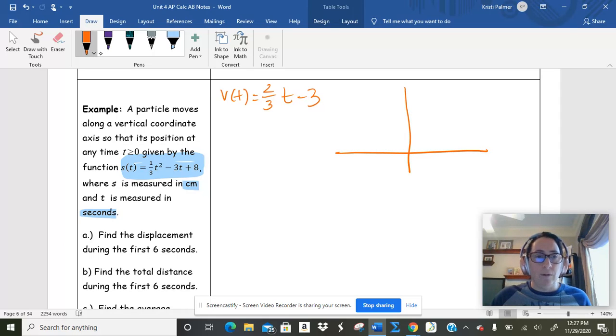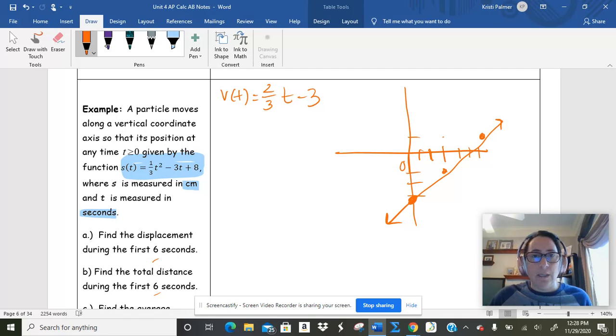It looks like I want to go from 0 up to 6. At 0, I am at -3. And then I'm going up over 3, so up 2 over 3, up 2 over 1, 2. All right, so here's my velocity graph.